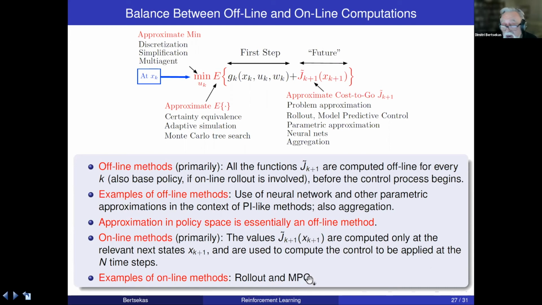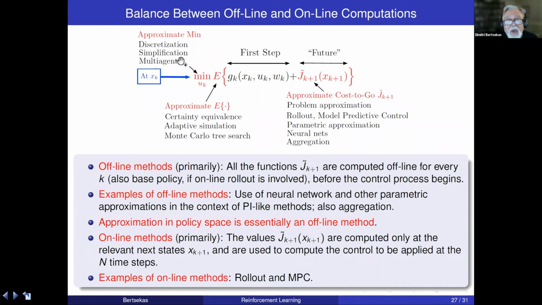MPC is also primarily an online method because it doesn't rely too much on offline training, and most of the work is done through the look-ahead minimization. Other things that contribute to an online character of a method, if there is approximation of this expected value, this has to be done online.